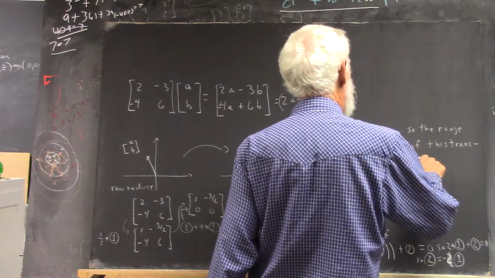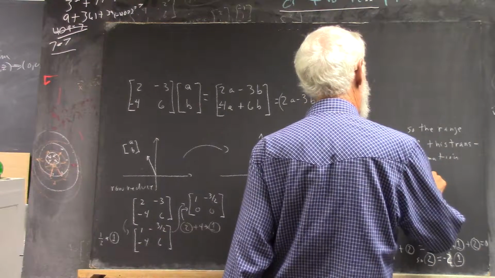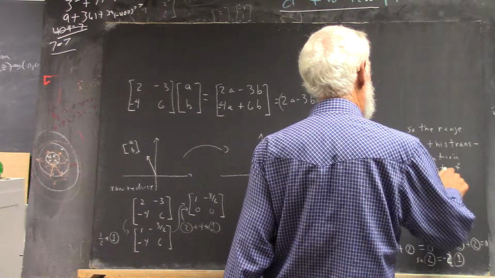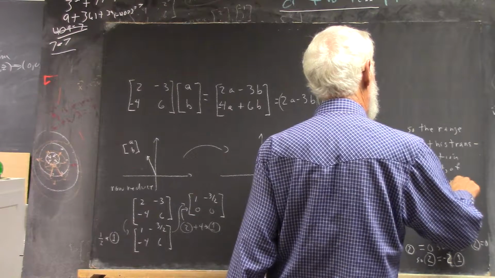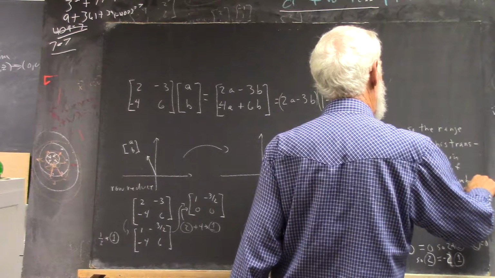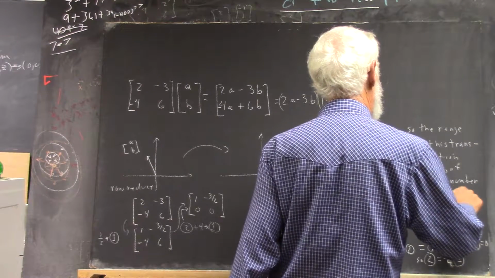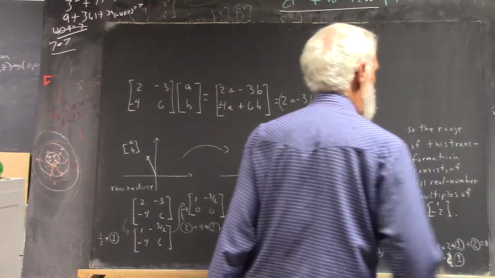So the range of this transformation consists of all real number multiples of 1 negative 2.